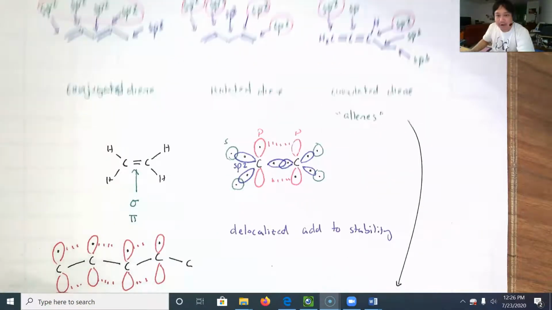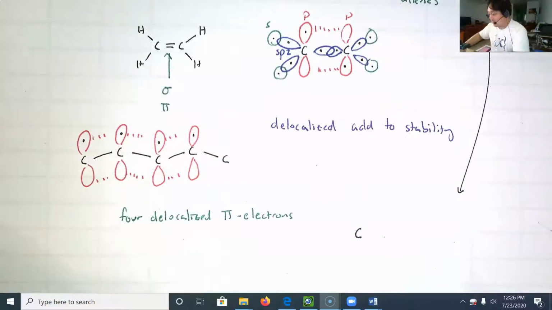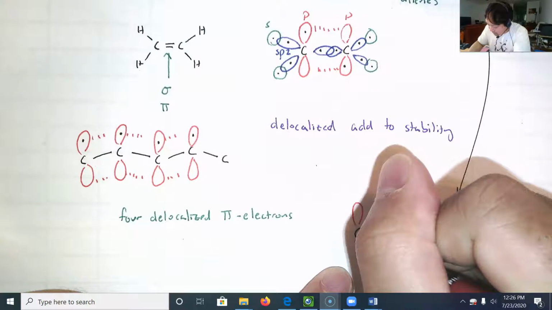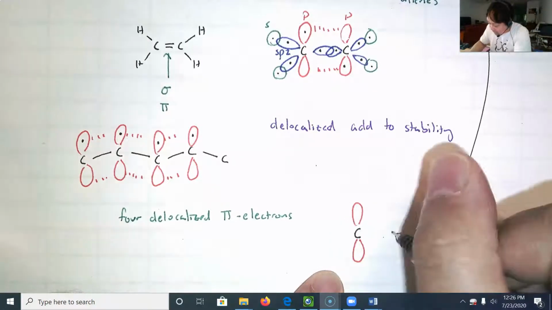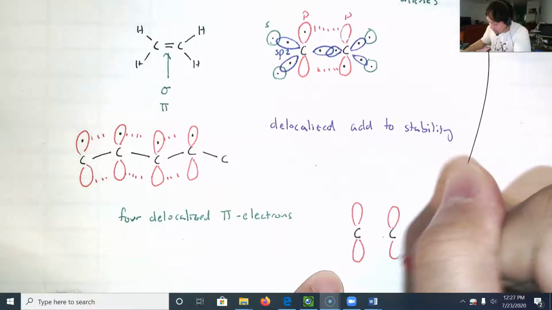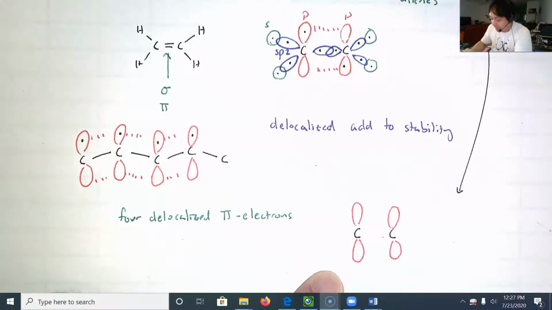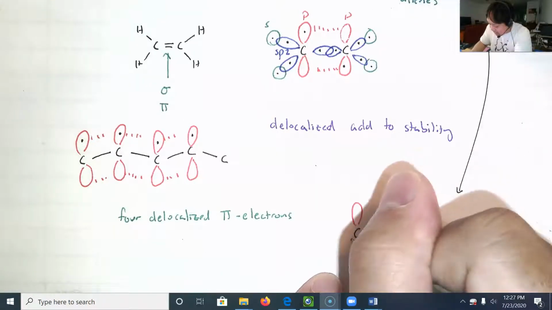So you have a carbon all the way to the left, and that carbon is sp2 hybridized. So you do have this p orbital.